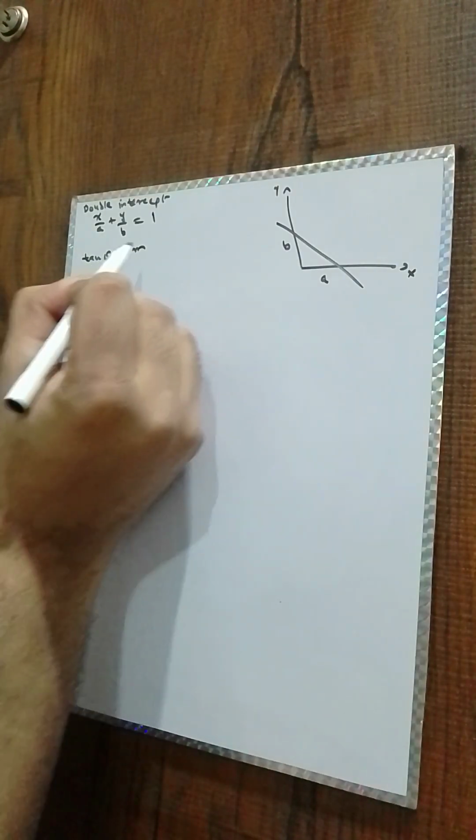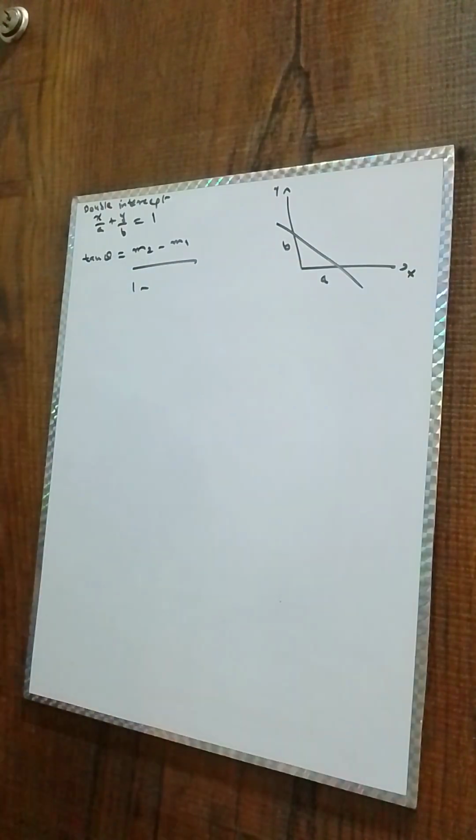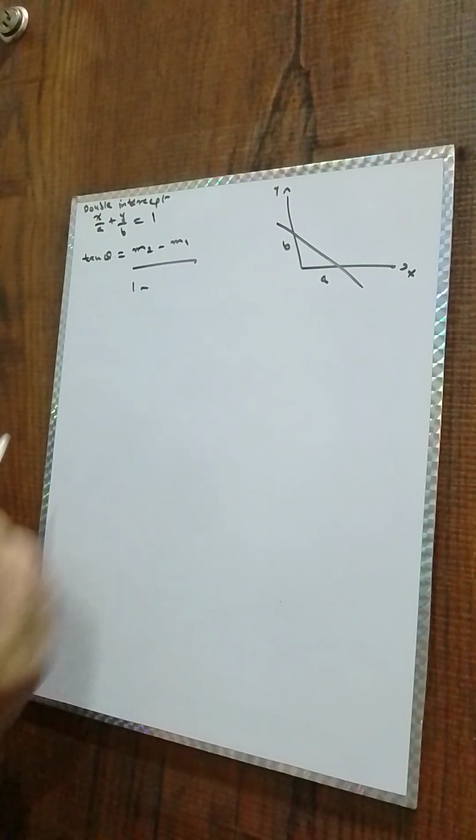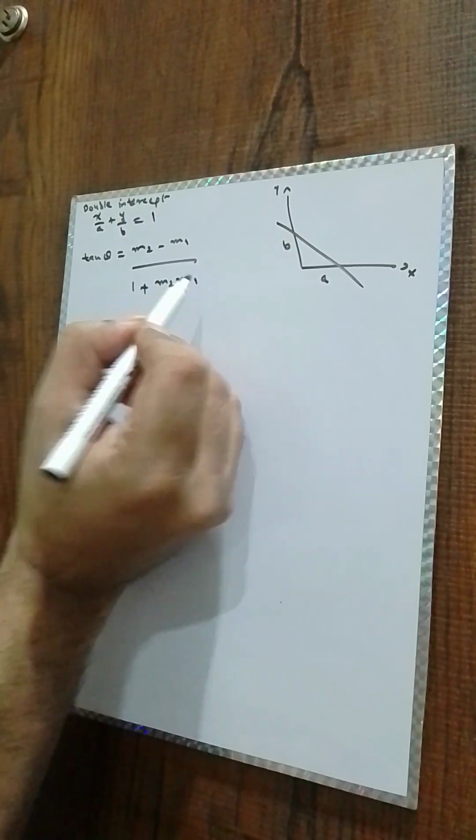So we have these two, okay, let's just have some surface knowledge. m2 minus m1, which is slope 2 minus slope 1, divided by 1 plus the product of m2 and m1.